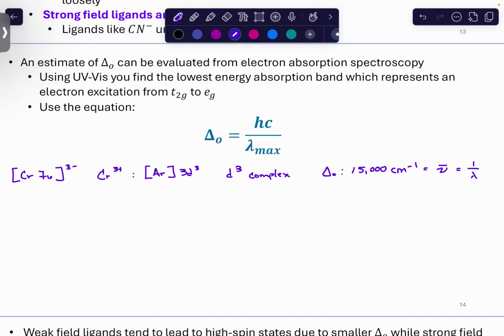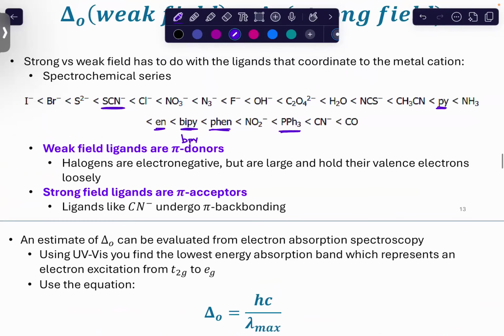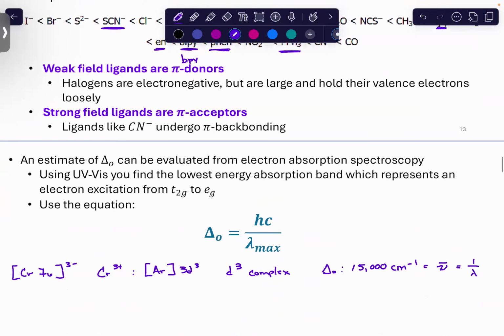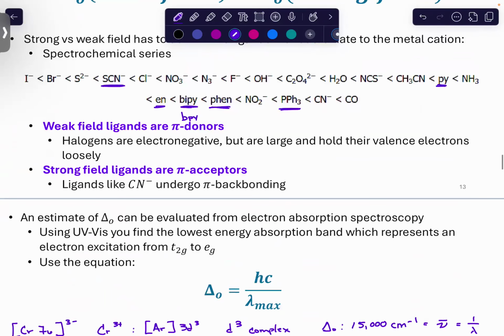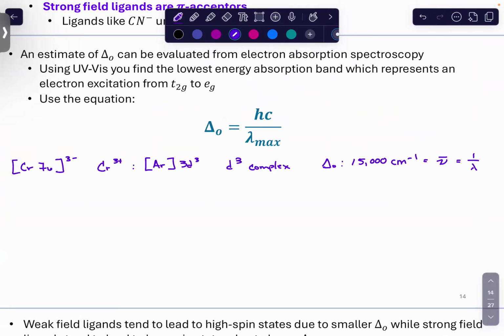All right. So this one here, this is a weak field ligand, so your fluoride. Your weak field ligands tend to lead to high spin. So this would be a high spin d3.